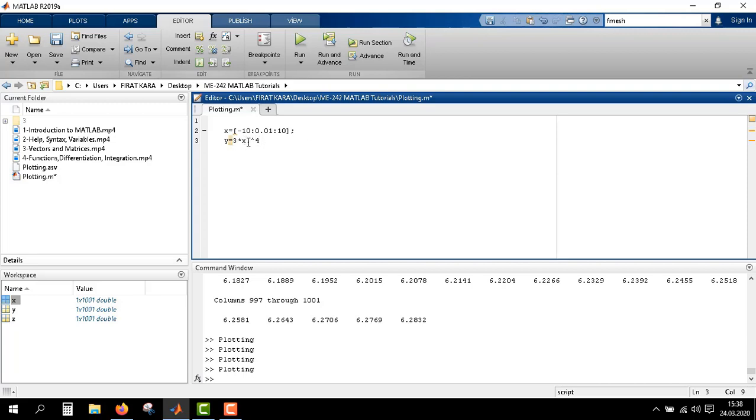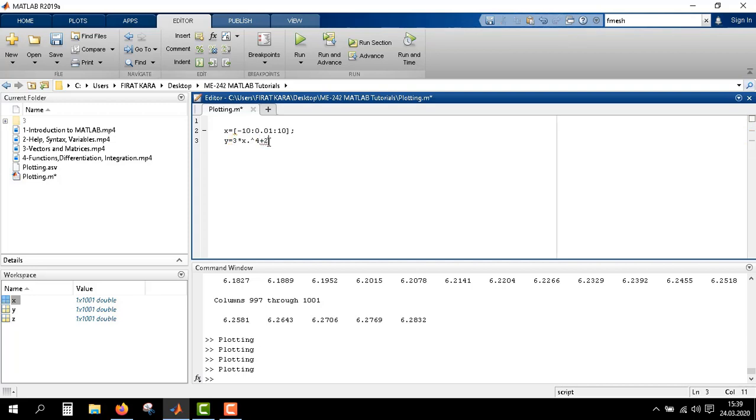Guys, I use the power symbol with a dot because I am taking the power of a vector. When you are taking the power of a vector, this is the notation: a dot with the power symbol.